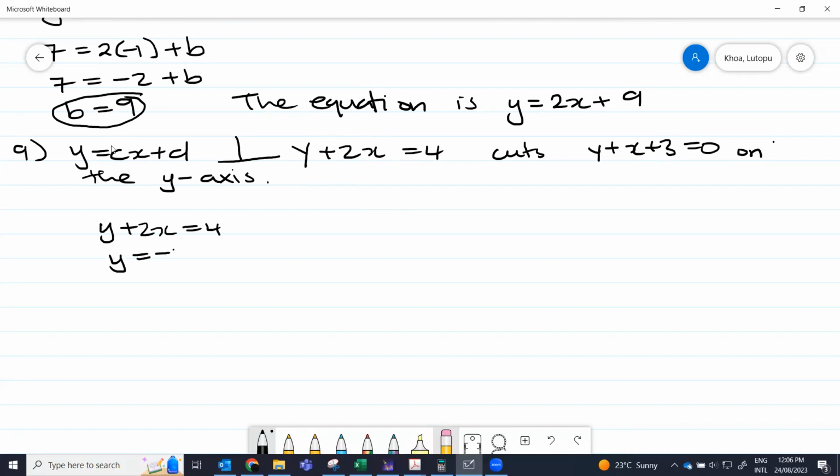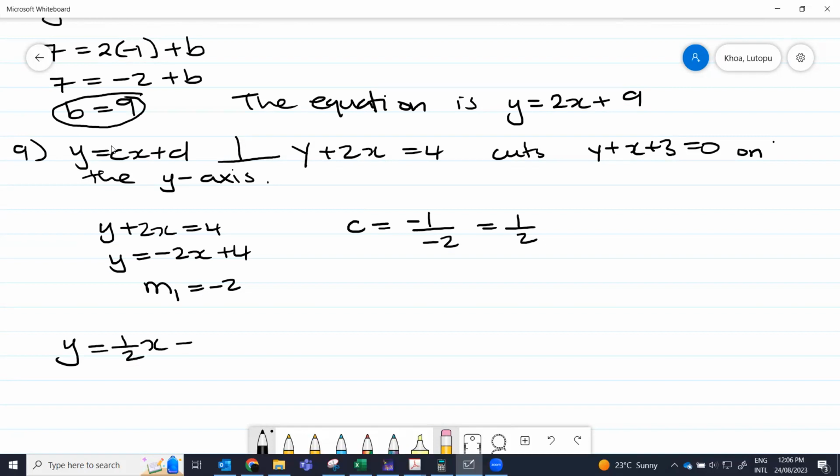So we have y plus 2x is equal to 4. So y is equal to -2x plus 4. Our gradient here, m1, is -2. So our m2, or c, is -1 divided by -2, which is a half. So that when I multiply these two, my answer is equal to -1. So far our line now becomes y is equal to a half x plus d.